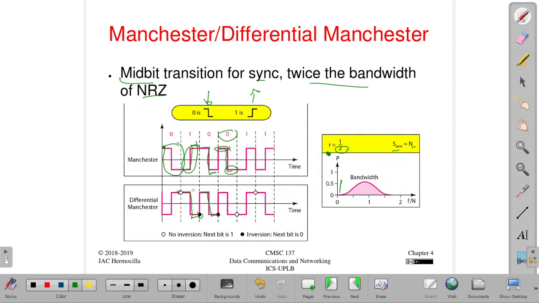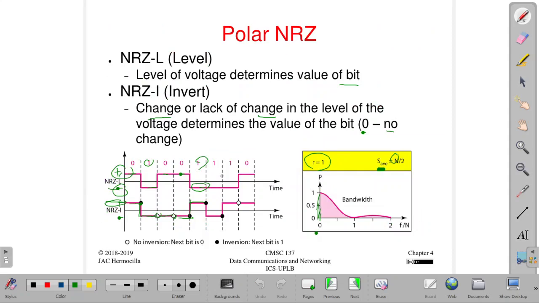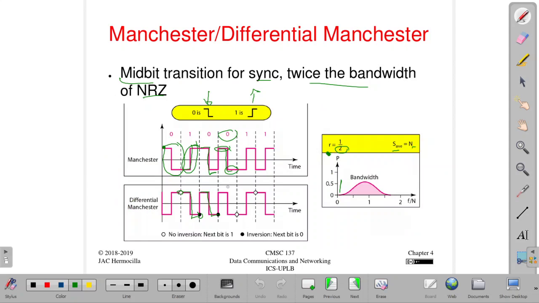Okay, so this is very similar to this one here, NRZI. So the change in the level determines the value, whether it is 1 or 0.